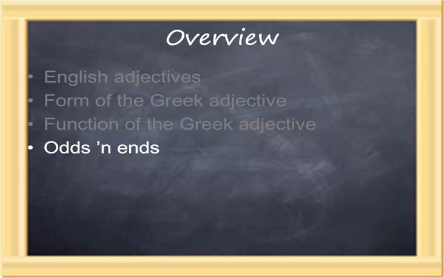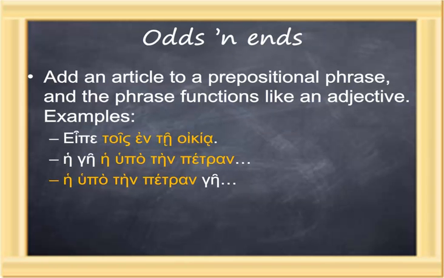Lastly, in this lesson, we have a couple of odds and ends, and they're a little bit odd. Nonetheless, they bring our lesson to an end. First of all, articles are pretty powerful tools. You can add them to a prepositional phrase, and then the prepositional phrase functions just like an adjective.